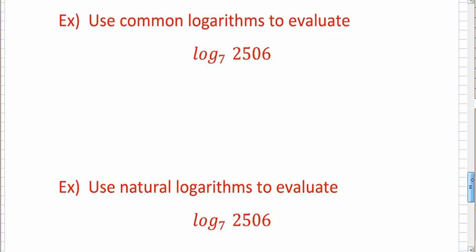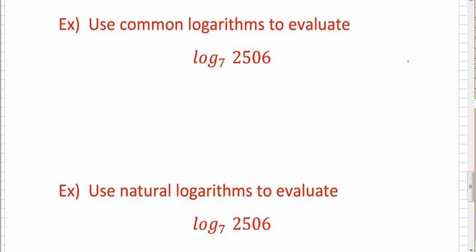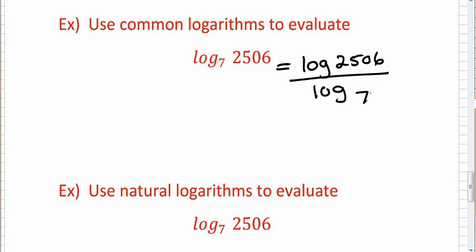So, for example, if I want to use common logarithms to evaluate this, I would go log 2506 over log of 7, and if I type that in my calculator, log 2506 is equal to about 3.4, but I could just type it all in my calculator.